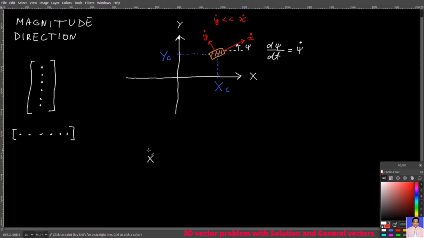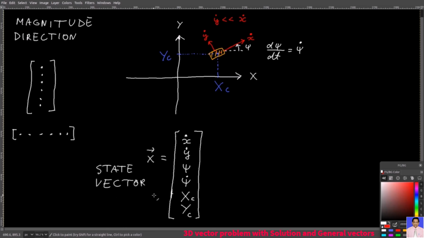I'm going to call this vector X arrow, and I'm going to put all these quantities inside this vector: x dot, y dot, psi, psi dot, big X, big Y. In control systems, this kind of vector is called a state vector. And as you can see, it's a 6-dimensional vector.